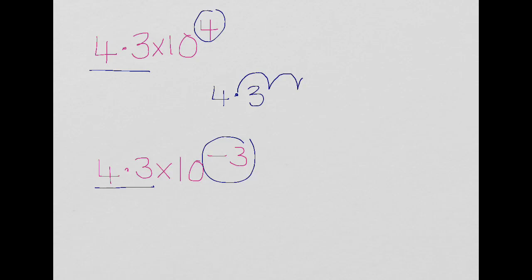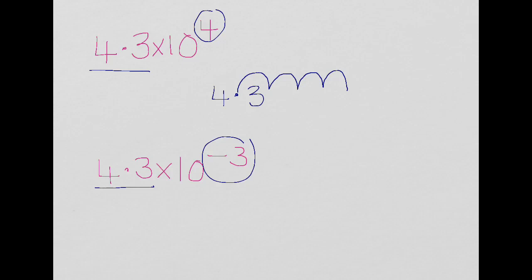But I can look at it getting 10 times bigger, and then another 10 times bigger, and another 10 times bigger, and another 10 times bigger, because each time I'm multiplying by 10, 4 times.